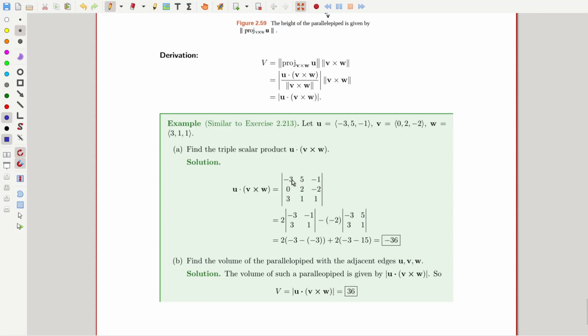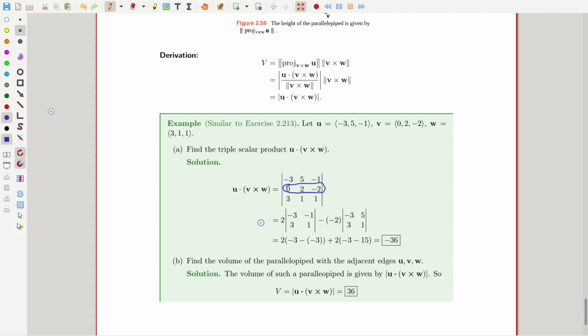Then I end up expanding along row 2. I do that because I want to capture the 0. I end up having one less term in my cofactor expansion. You can expand along any row or column, but to capture the 0, you also could have expanded along the first column.